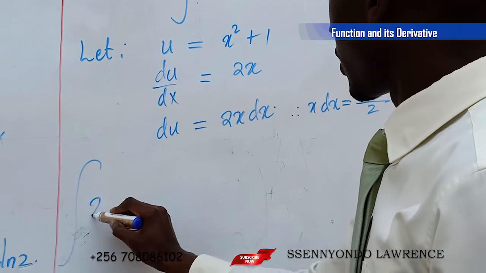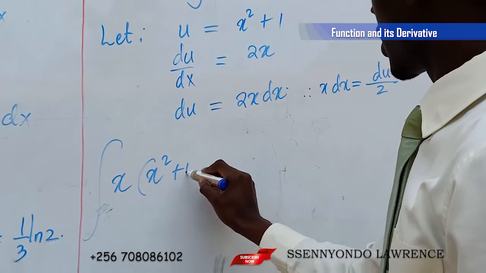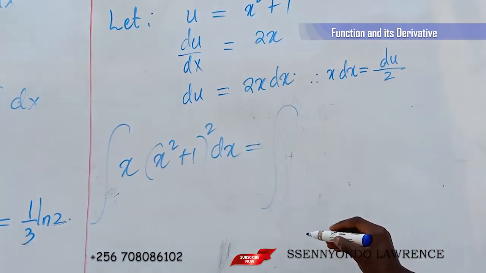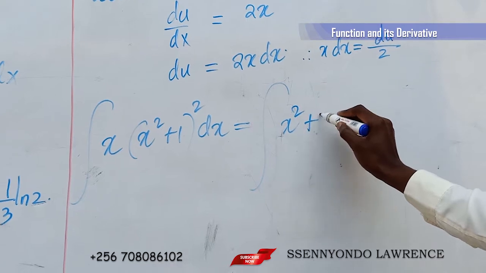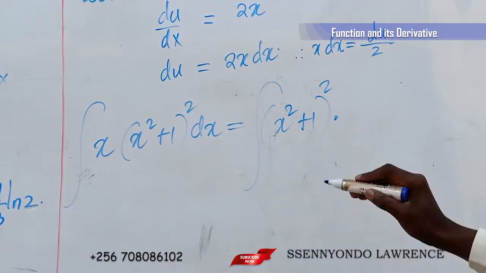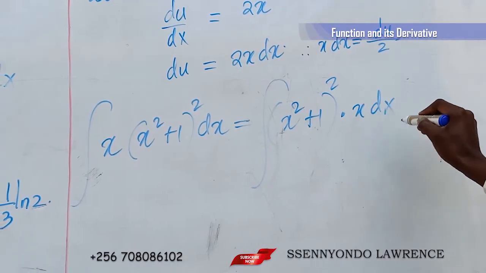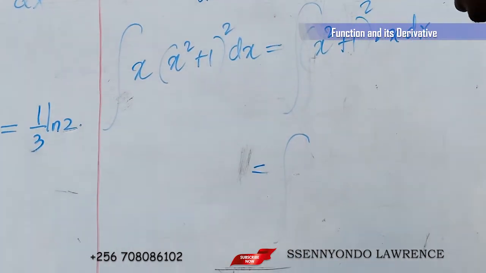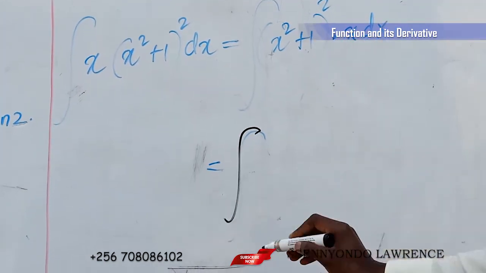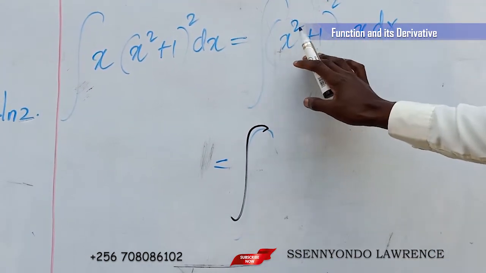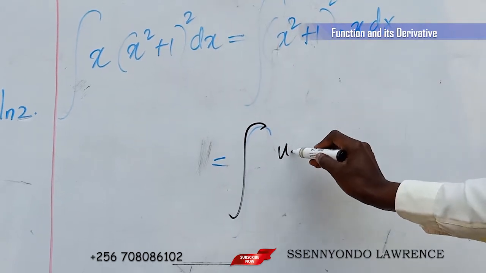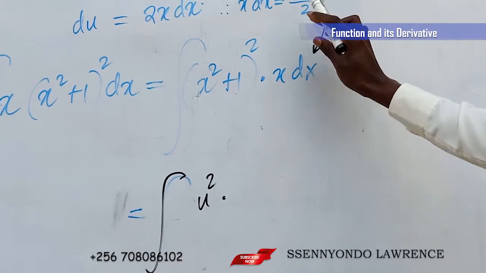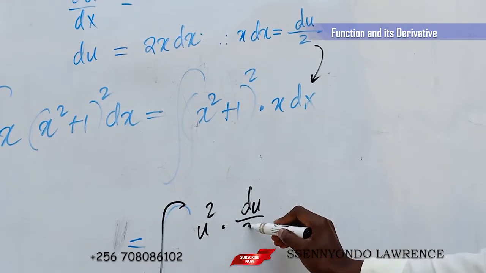Rearrange by writing this as the integral of x into x squared plus 1 all squared dx, which is equal to the integral of x squared plus 1 all squared times x dx, which now can be put down as the integral of this quantity, which I've let to be u, but it is squared, times my x dx, which is du over 2.